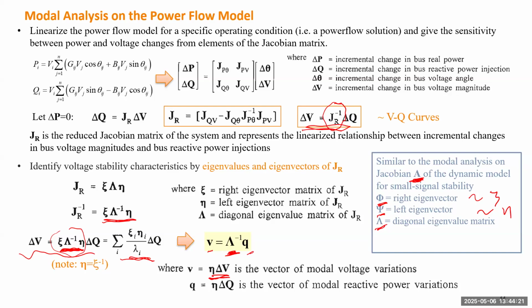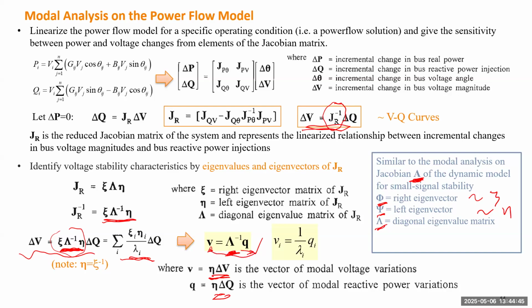And the lowercase q is actually eta transforming delta q, which is a vector of modal reactive power variation. So if we compare this equation, if we just pick one element, this is a completely decomposed version of the linearized power flow equation.